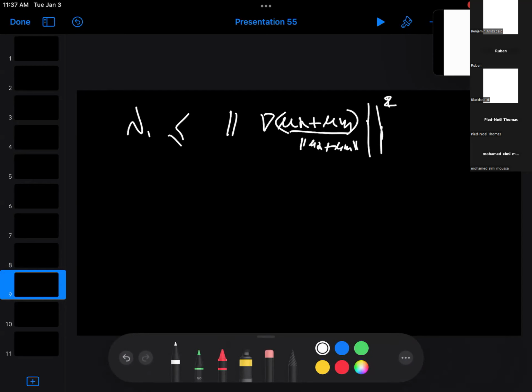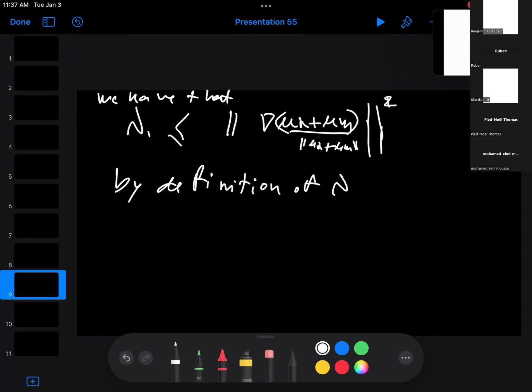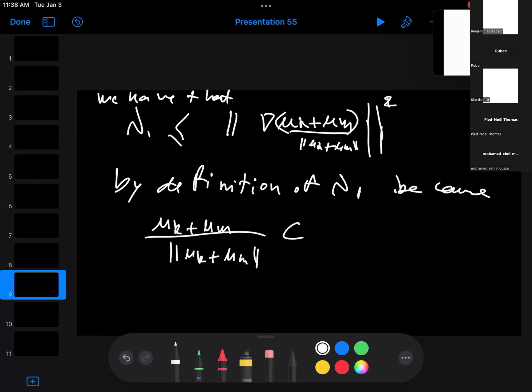This is true by definition of lambda 1. Because this function here, UK plus UM divided by the norm in L2 of UK plus UM, you can check that this belongs to my space H1.